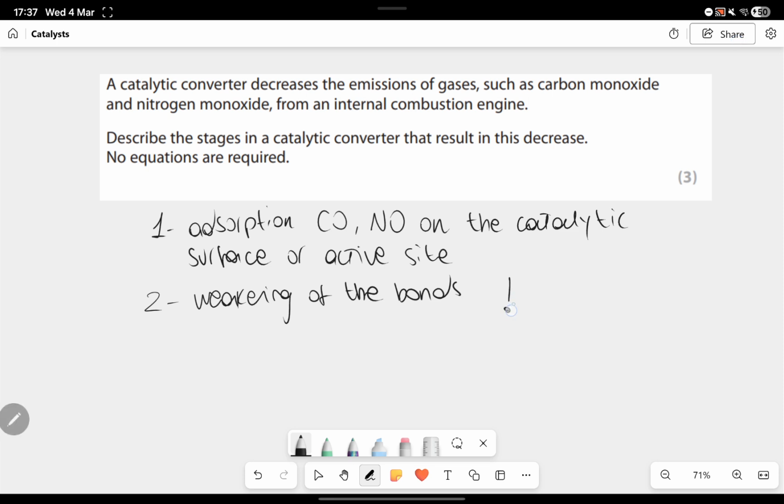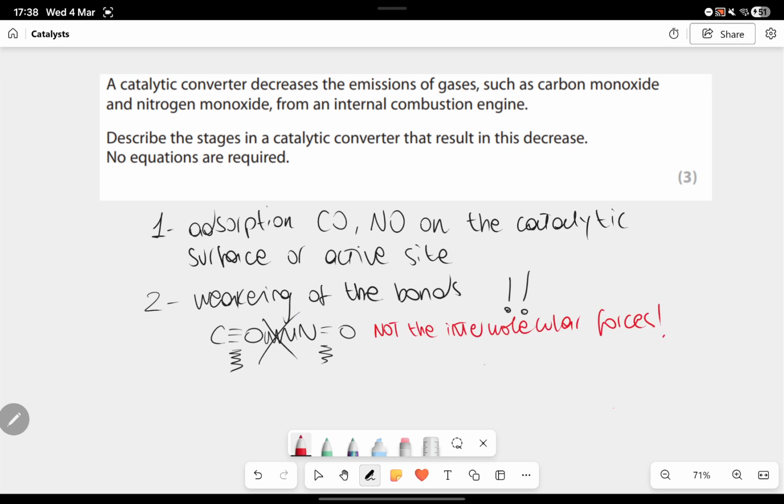And remember, the bond that is weakening is not the intermolecular forces between the molecules, but it is the covalent bond between the carbon monoxide and nitrogen oxide in this specific example. Because this is the bond that you want to break, not the intermolecular force.